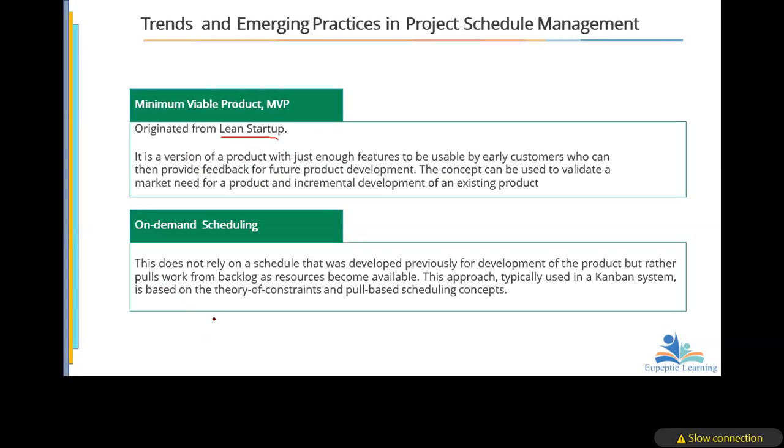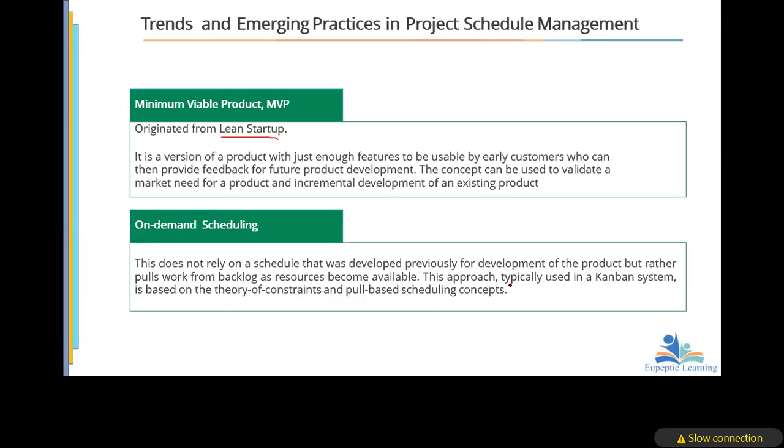Now, on-demand scheduling. This does not rely on a schedule that was developed previously for development of the project or product, but rather pulls work from backlog as resources become available. You see, the word on demand. It is typically used in the Kanban system and is based on the theory of constraints and the pull-based scheduling concept, typically under lean manufacturing, where we don't want to store inventory because inventory is a necessary evil.